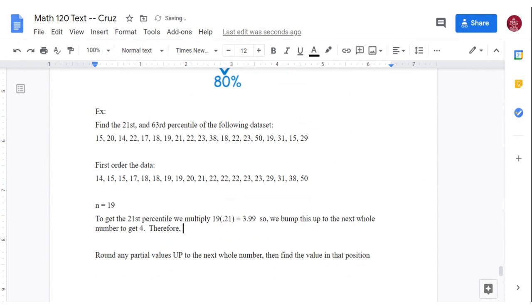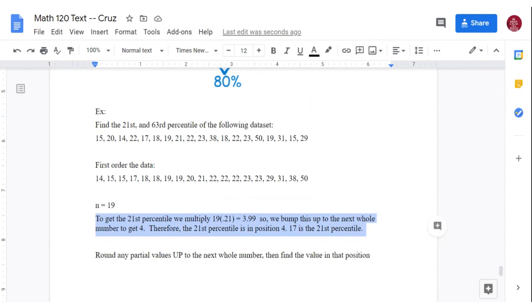Therefore, the 21st percentile is in position 4. So 1, 2, 3, 4. All right. That's the way it works. It's that simple.